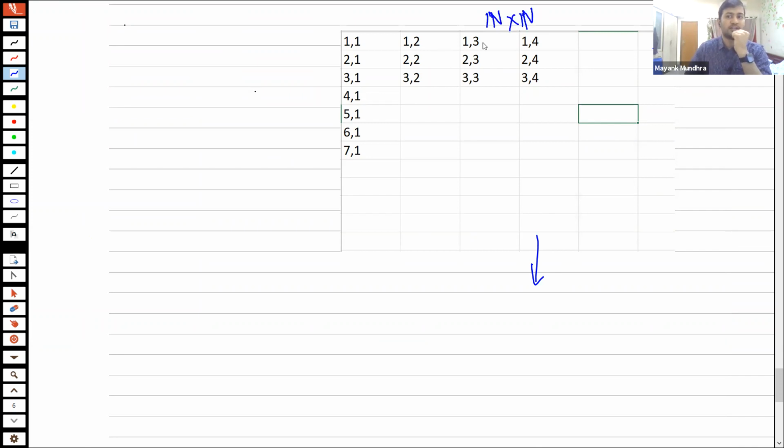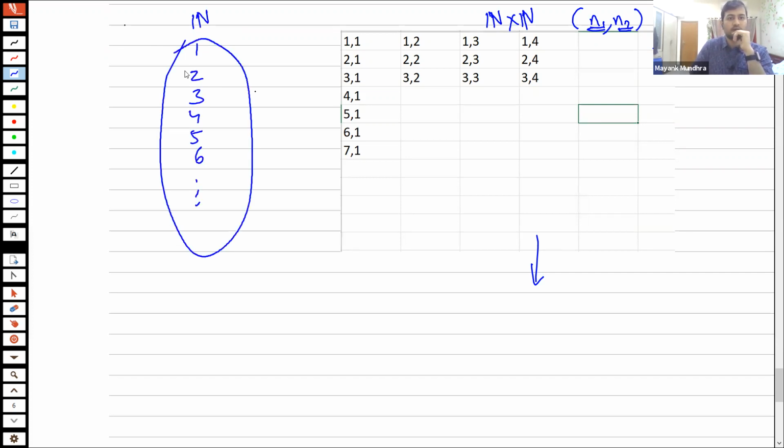N cross n is basically all ordered pairs (n1, n2): any natural number here, any natural number here. So that is going to be this particular set. Now on this side, if I have just the set of natural numbers, 1, 2, 3, 4, 5, 6, and so on, you can construct a one-to-one onto map from here to here.